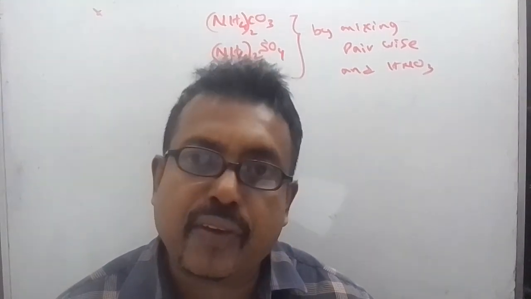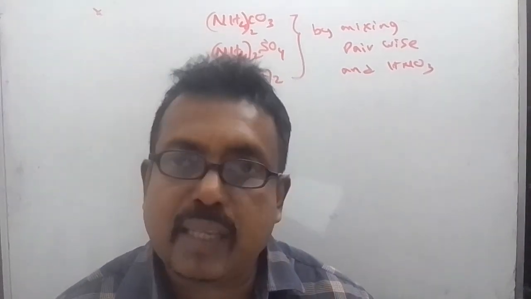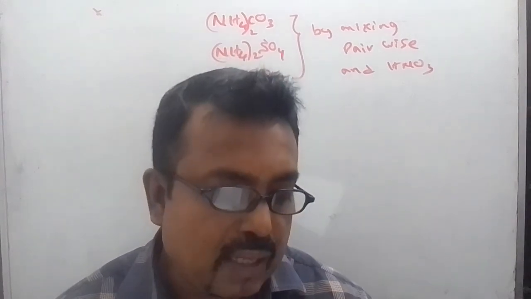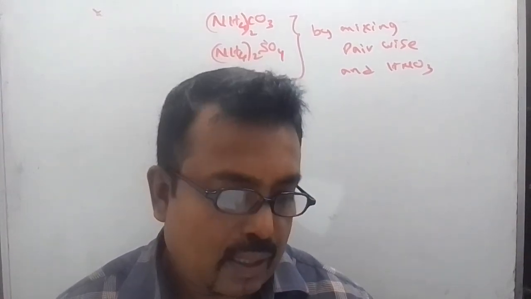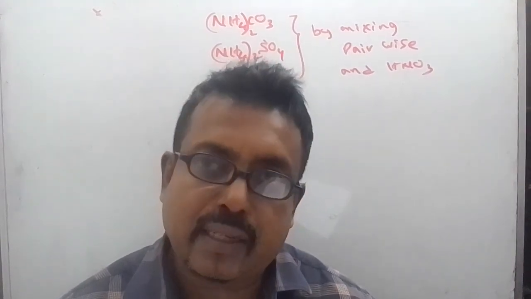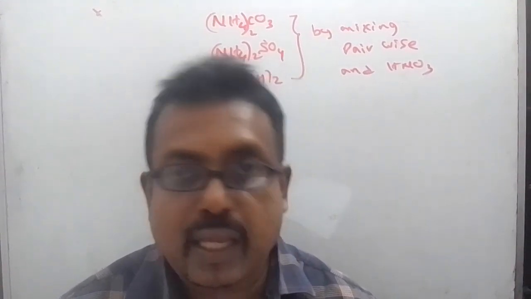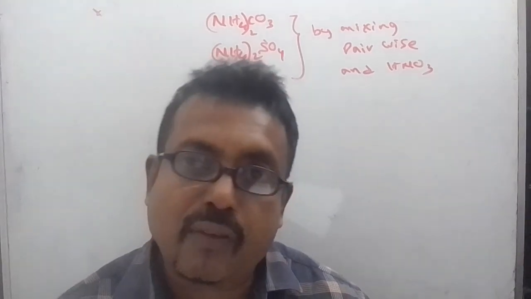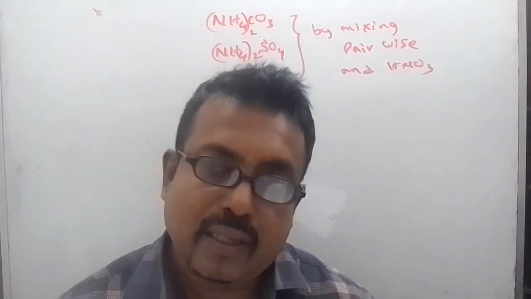Then the sulfate produces barium sulfate with barium hydroxide. Likewise, ammonium carbonate produces barium carbonate with barium hydroxide. Both are white precipitates.